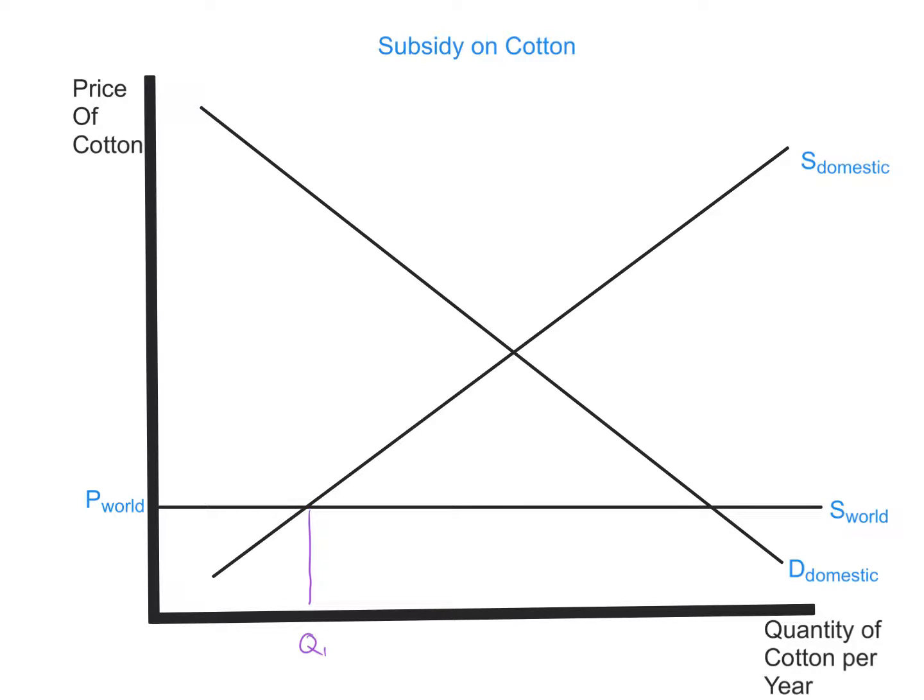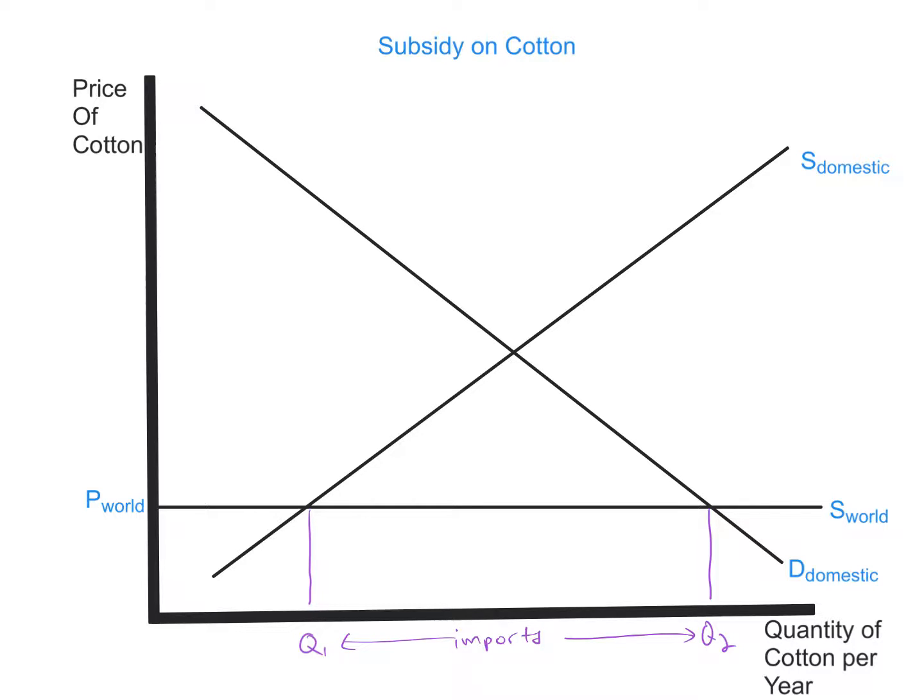The domestic consumer, or the buyer, as we're calling them in this part of the course, is going to be buying Q2. And all of the remaining distance between Q1 and Q2 is going to be imports now. So that whole distance is imports.